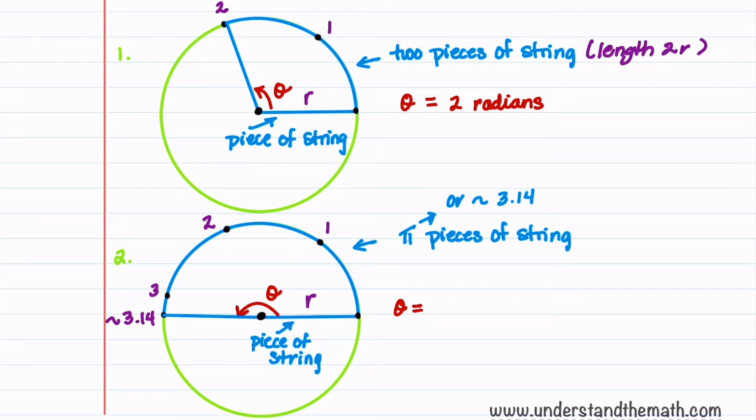We can now label the piece of string for the arc as length is equal to pi times r. When the length of the arc is pi times the length of the radius, we say that theta is pi radians, or approximately 3.14 radians.